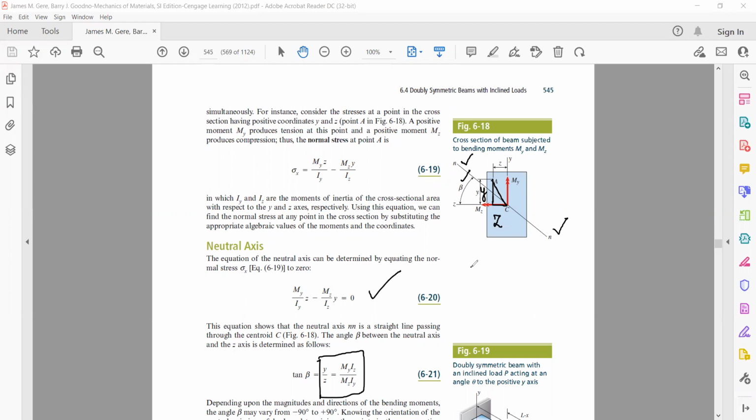This y by z is equal to tan of beta. That's why the angle that the neutral axis subtends with respect to the z axis is given by this formula. That's why I said the neutral axis does not coincide with the z axis. Okay, fine. Any problem with this?